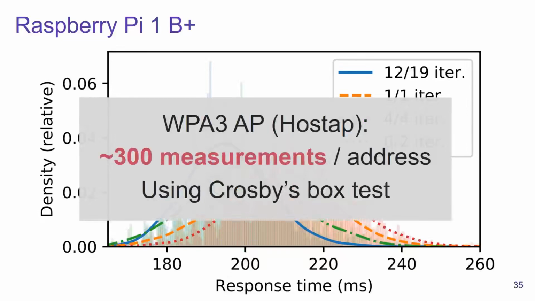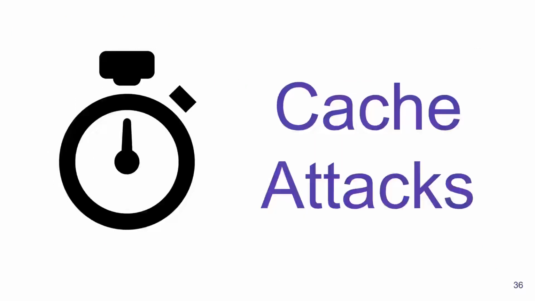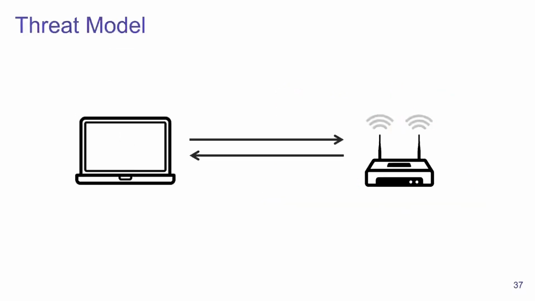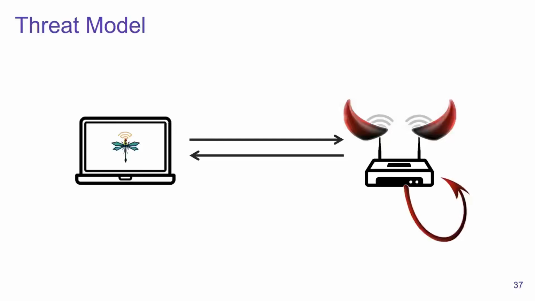We had to make about 300, but with these measurements, we again have enough information to perform an offline dictionary attack against Dragonfly. Now, apart from timing attacks, we also discovered cache attacks against implementations. These attacks are executed by setting up a malicious access point and tricking clients into running unprivileged code. This can, for example, be an unprivileged Android application.